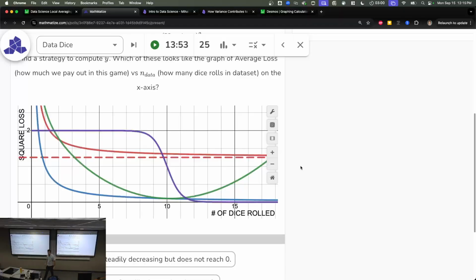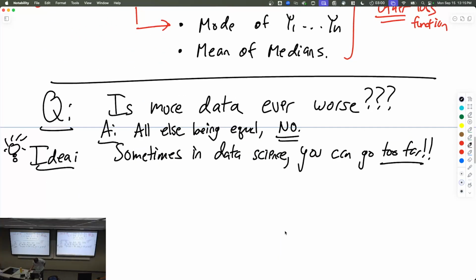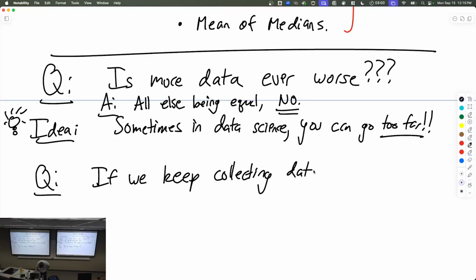So this is the next question. Question 2: if we keep collecting data, will the error get closer and closer to 0?